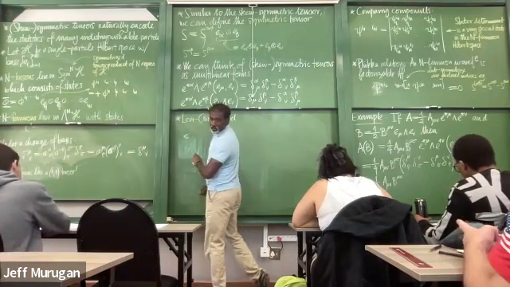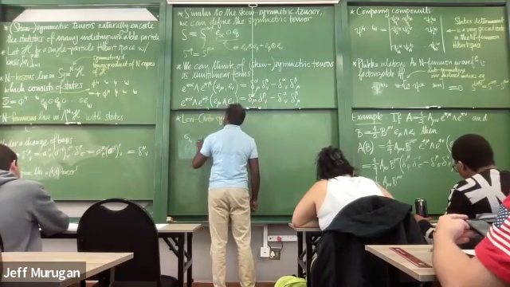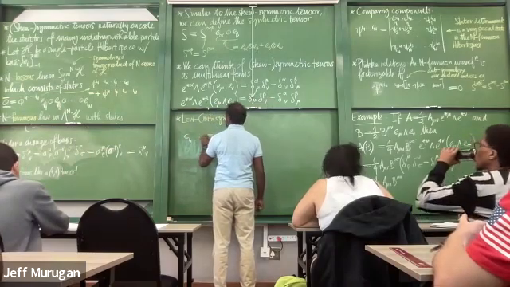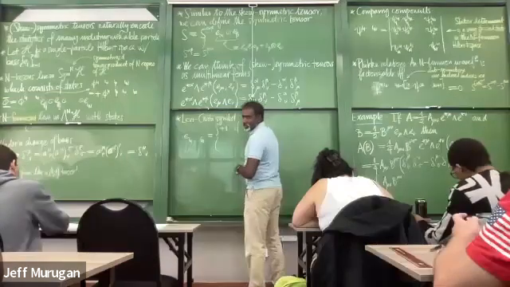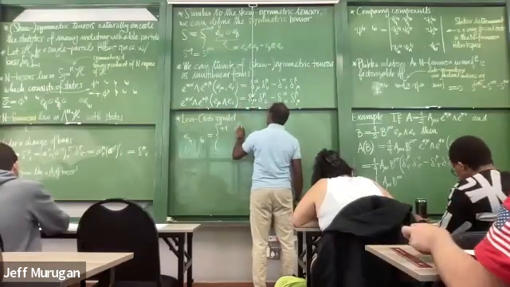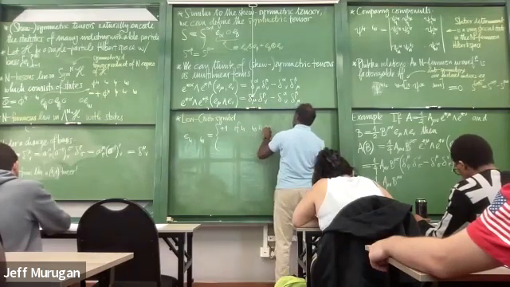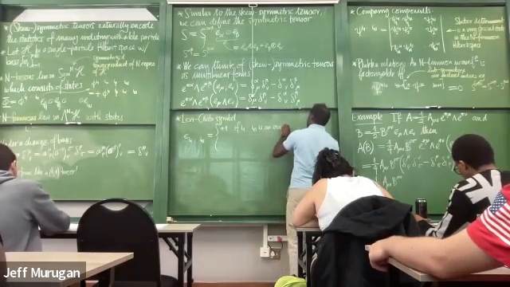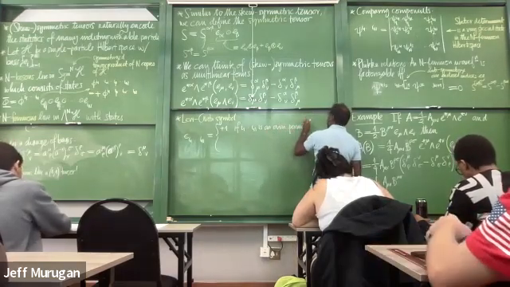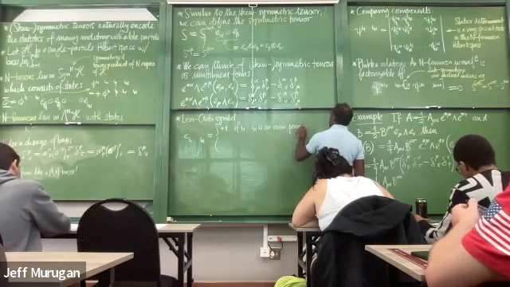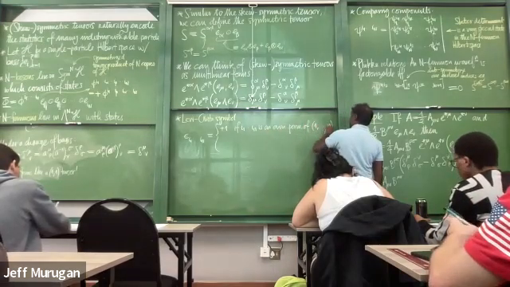Epsilon I1 through I n is +1 if I1 to I n is an even permutation of 1 to n.